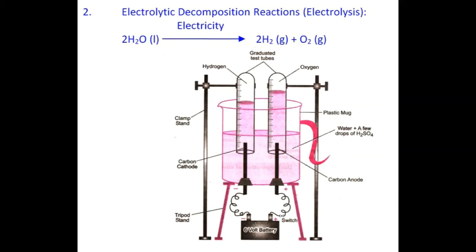So you understand this is another simple example of decomposition reaction by electricity. Hydrogen, since it forms a cation, comes to the negative terminal, that is cathode. And oxygen, since it has formed an anion, has come to the positive terminal.